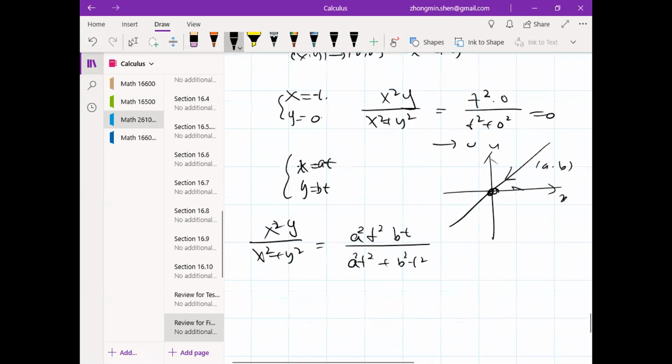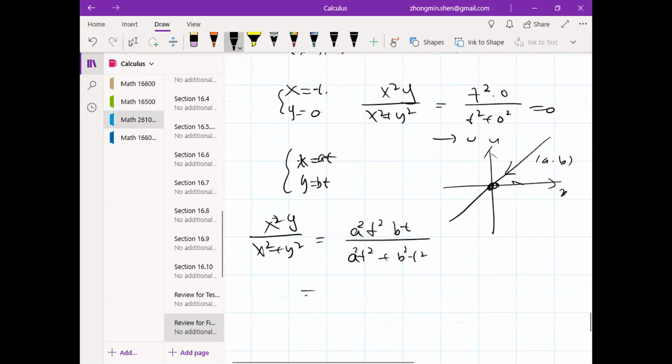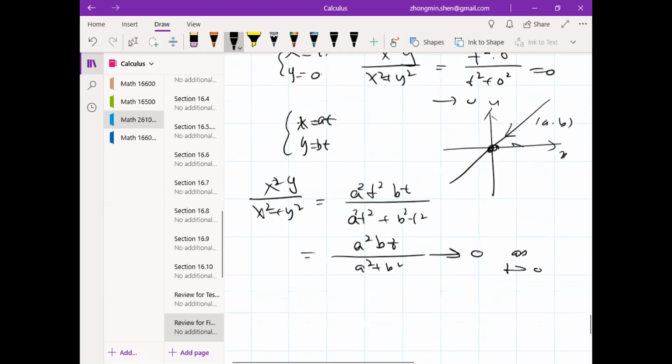After you cancel the t squared, you get a squared b times t over a squared plus b squared. And clearly this goes to 0 as t approaches 0. But this still does not guarantee the limit is going to be 0.